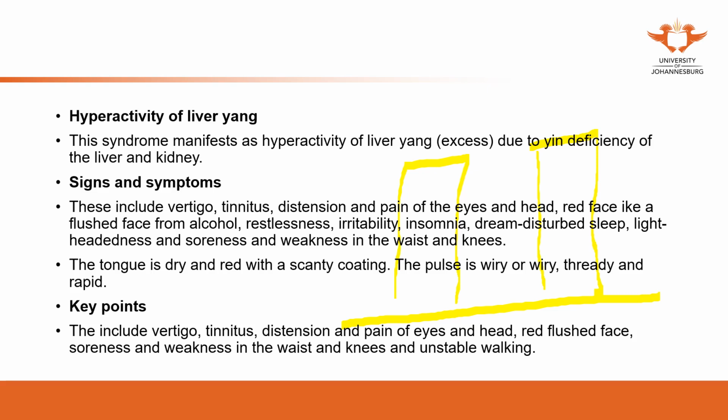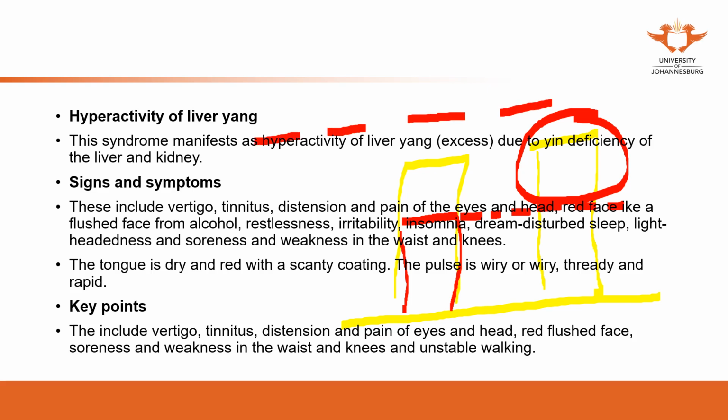Now we have yin deficiency. We don't have enough yin. So the hyperactive yang is compared with this yin. We have excess yang here, but this yang is actually normal, because this is the normal level. There is another excess yang or excess heat, due to the situation of truly excess yang.